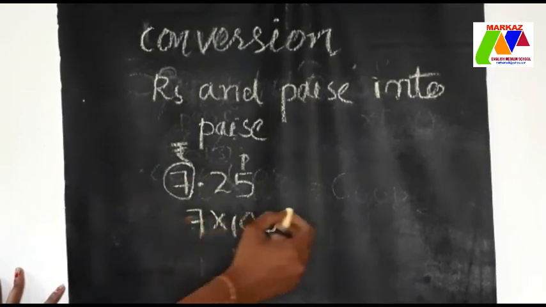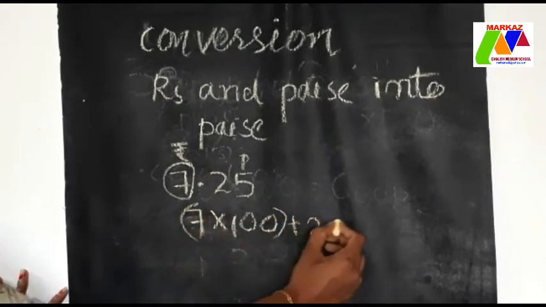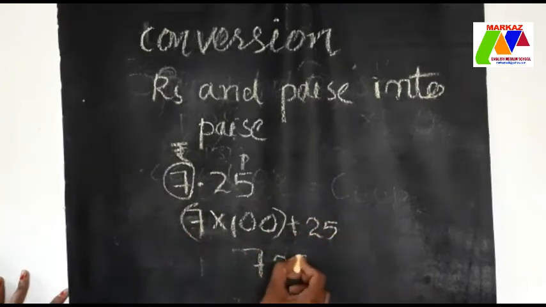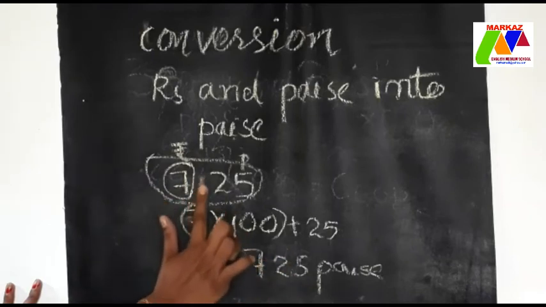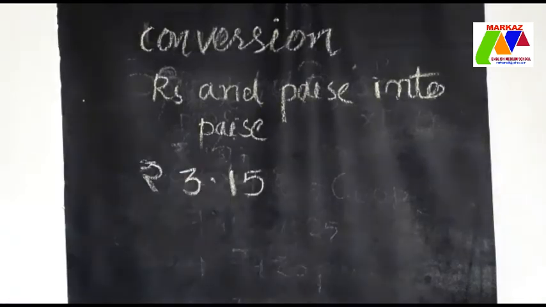So 7 into 100 plus that 25. So the answer is 725 paise. This is the total paise. So in order to find this quickly, we have to remove this decimal point. We get the answer. Understood?